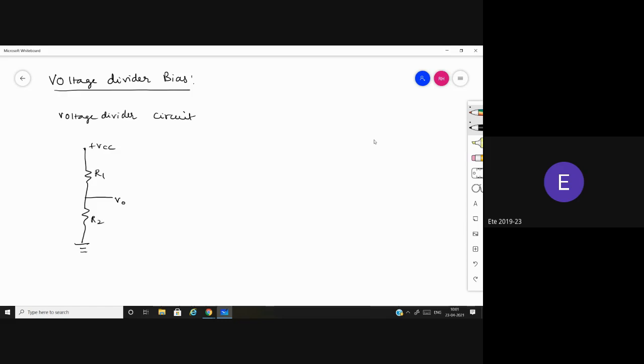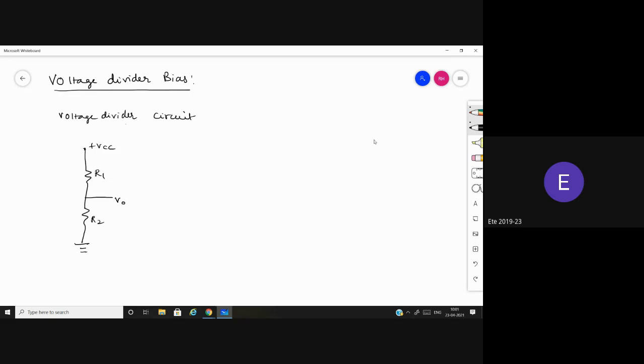This kind of circuit is known as a voltage divider circuit. This is not the voltage divider bias circuit, it is just the voltage divider circuit. Don't get confused.